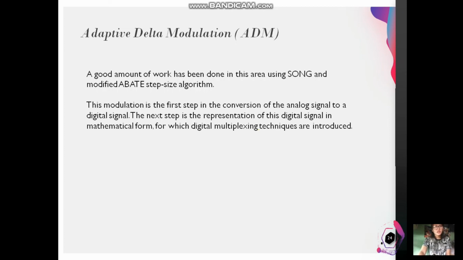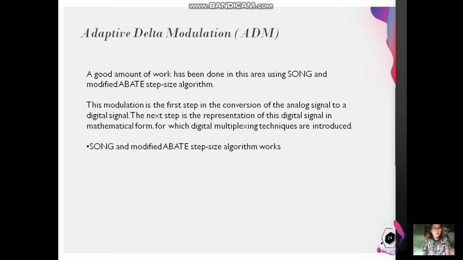This modulation is the first step in the conversion of the analog signal to a digital signal. The next step is the representation of this digital signal in mathematical form, for which digital multiplexing techniques are introduced. But we don't have enough time to explain the tedious parts of ADM, adaptive delta modulation.